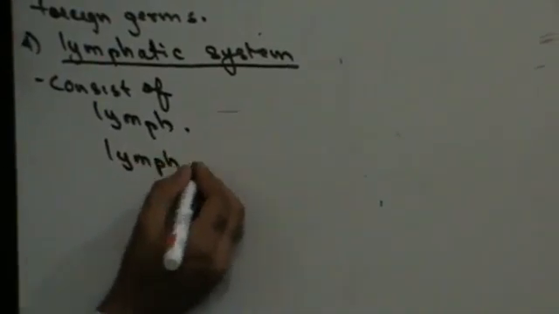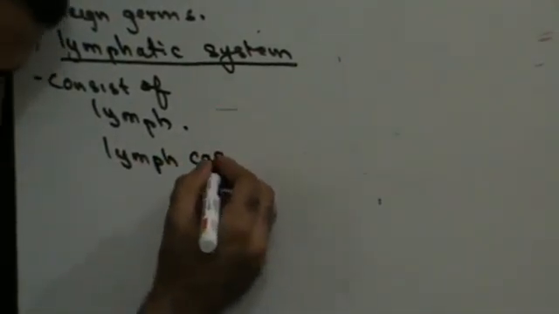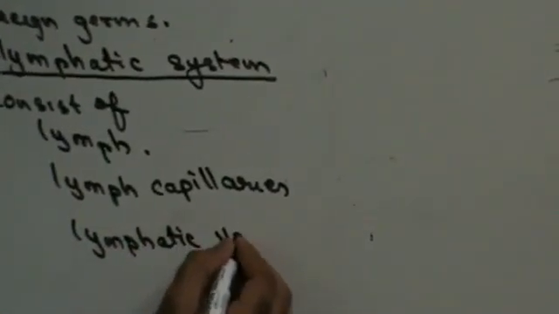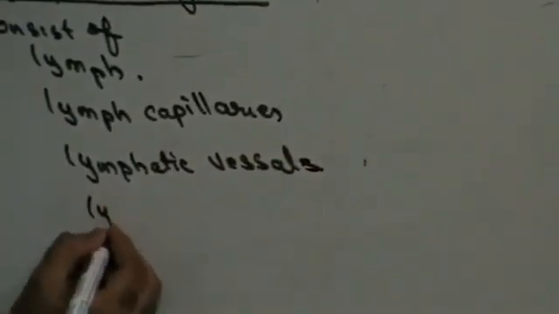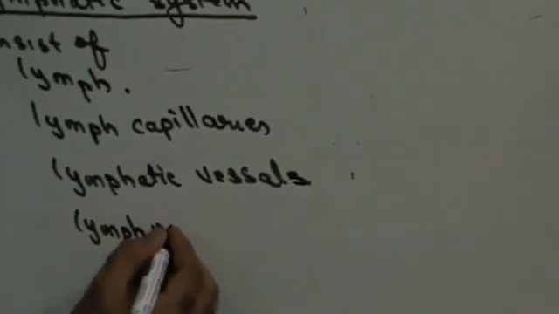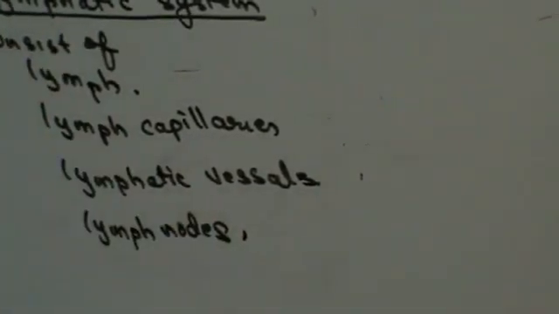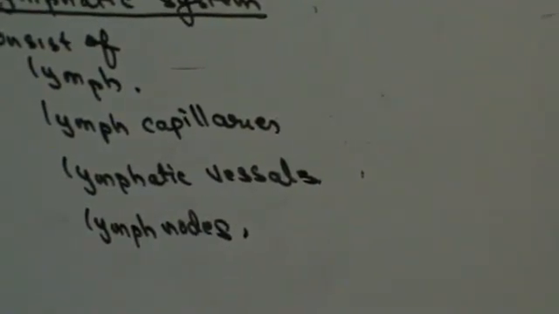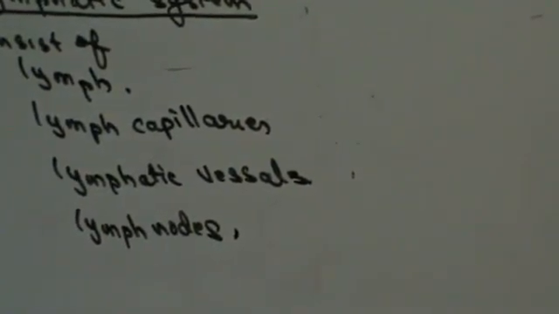Then it is made up of lymph capillaries, lymphatic vessels, and lymph nodes. So that is what your lymphatic system is made up of. Four things: lymph, lymph capillaries, lymphatic vessels and lymph nodes. Right?